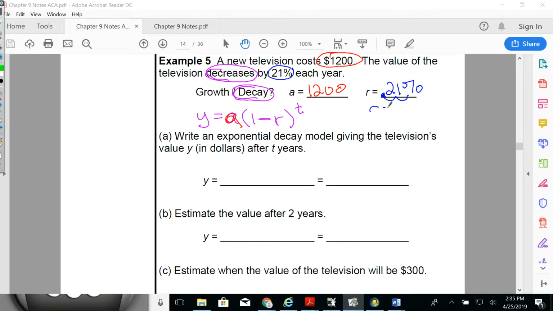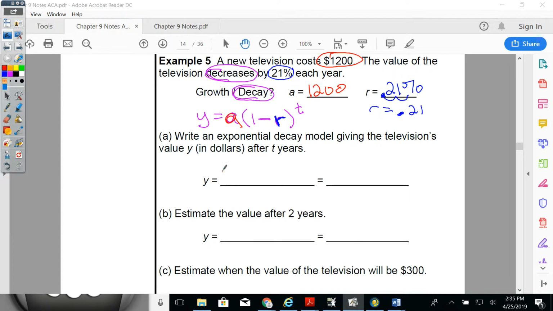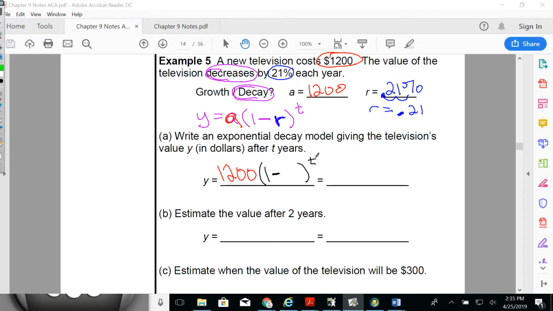So R is actually 0.21. That's the number we plug in here for R. So if we set up the numbers, A for our equation is 1,200 times 1 minus the R, with my T power, and R is 0.21.